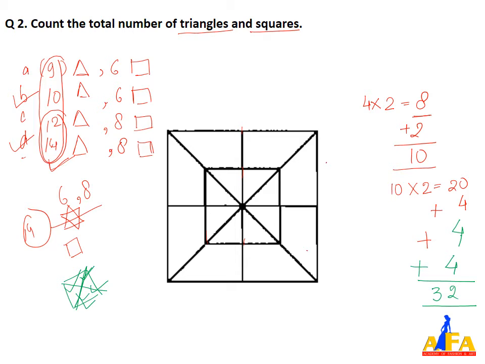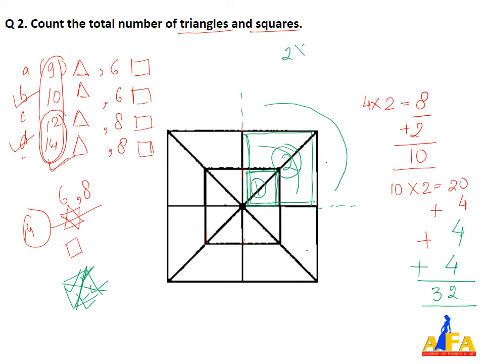Okay, now if we have to calculate the number of squares, we will follow the same process. In this part we will calculate the number of squares firstly. So this is the square shape. There is a small square, this is one, and there is a bigger one like this part forming a square, this is 2.